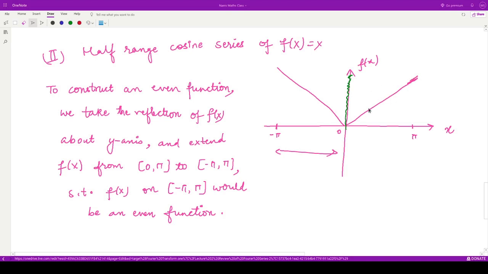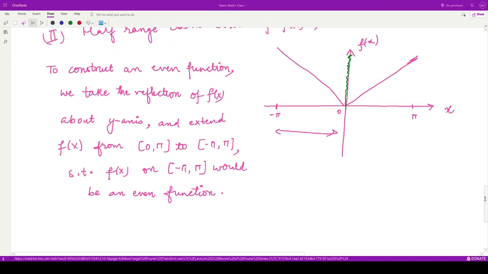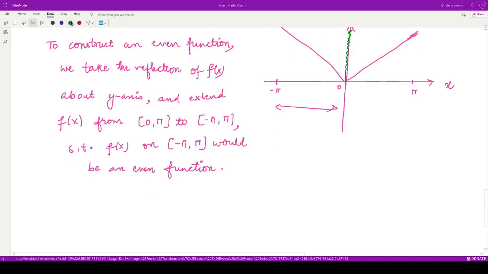Now this function is an even function, and we know the Fourier series expansion of an even function. For an even function, f of x is equal to a naught by 2 plus summation n varies from 1 to infinity a n cos n pi x upon L. And what is L here?